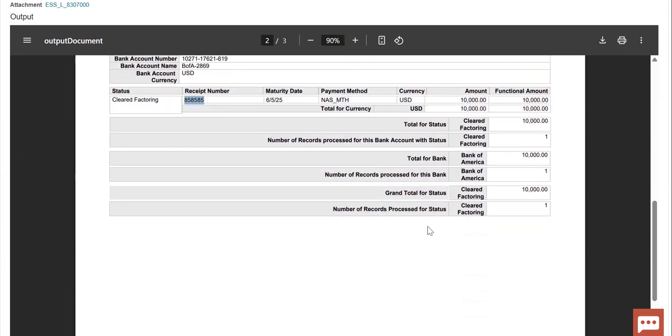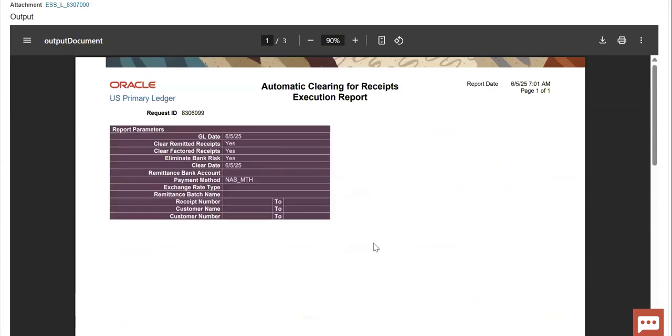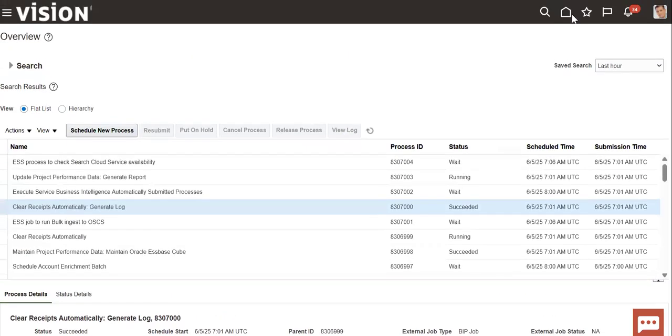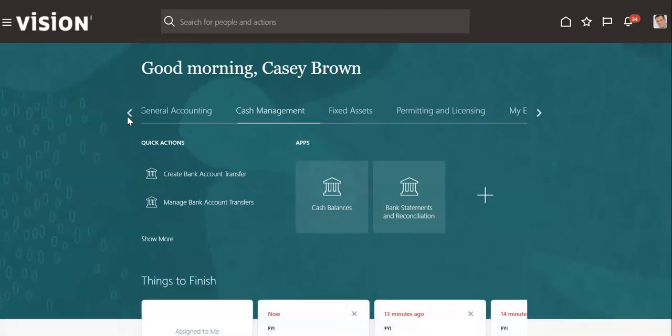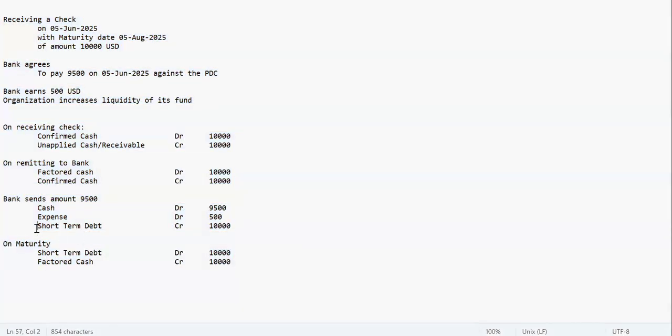Factoring, cleared factoring 10,000. So this is done. This is the business event. Now let us go back to the receipt and do the accounting. Currently I have the liability. After doing the risk elimination, this liability will go off.